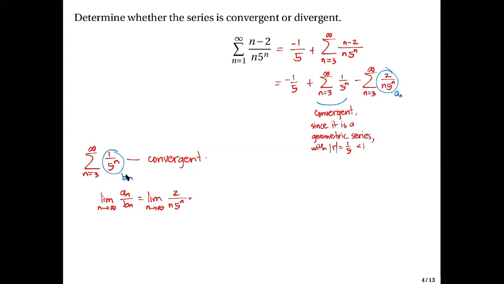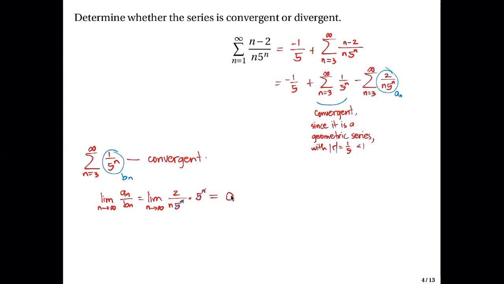Let's take the reciprocal, so this is just multiplied by 5 to the n. And notice, of course, this 5 to the n will cancel the 5 to the n in the denominator. And therefore, you'll just get 2 over n. And the limit of 2 over n as n approaches infinity is equal to 0.